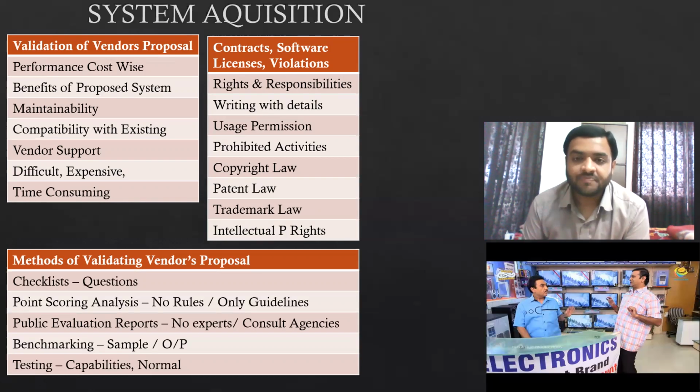Now tell me, if you are purchasing a Chinese mobile, Vivo, Oppo and all, whether there is maintainability or not. No sir, but there are service centers which are not authorized.